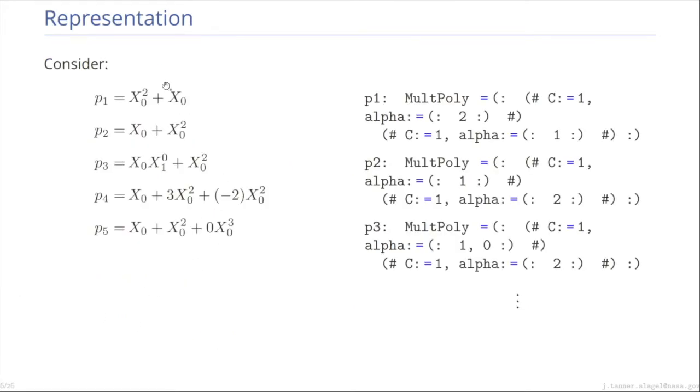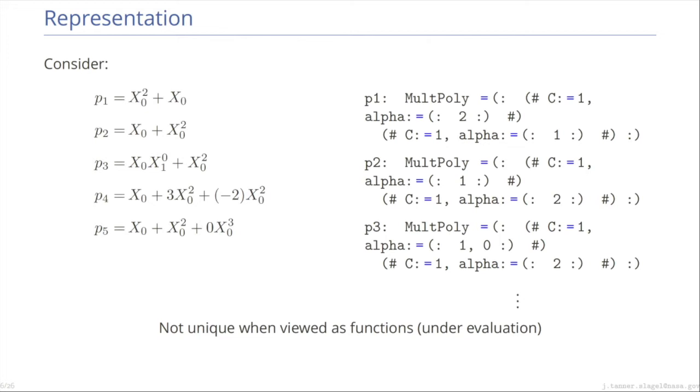I've written polynomials here that are syntactically different, but they evaluate to the same value when given any variable values. I've written these polynomials over here in the PVS syntax. You'll notice it takes up a little more space. But we need some way of talking about a polynomial uniquely.